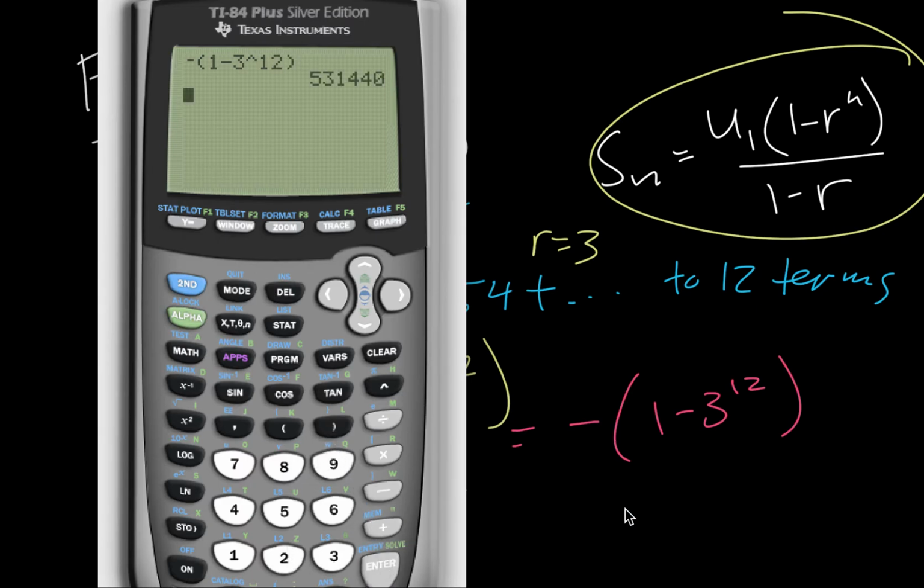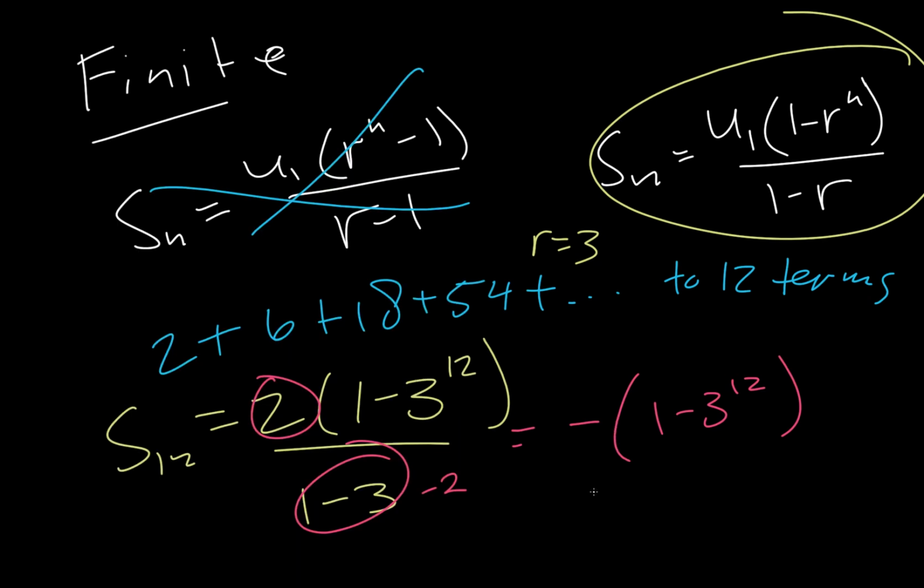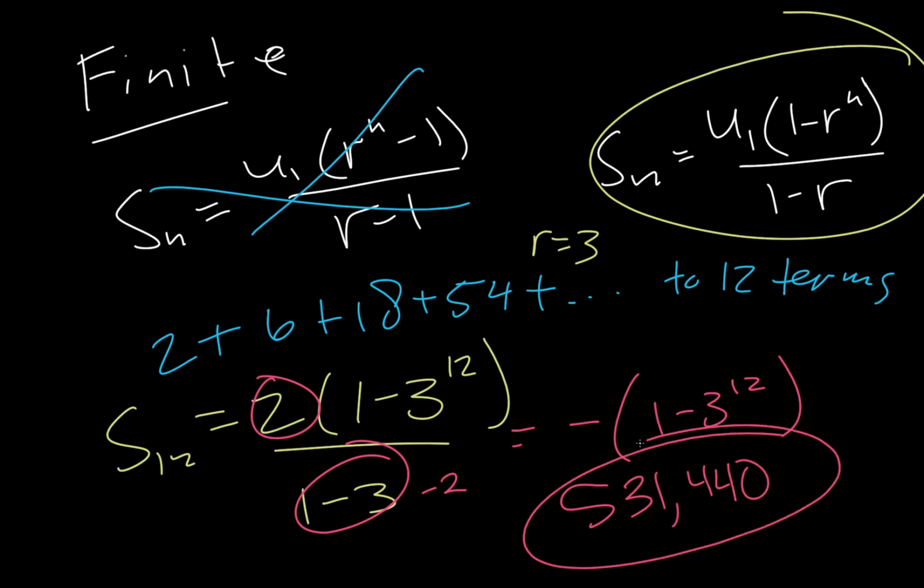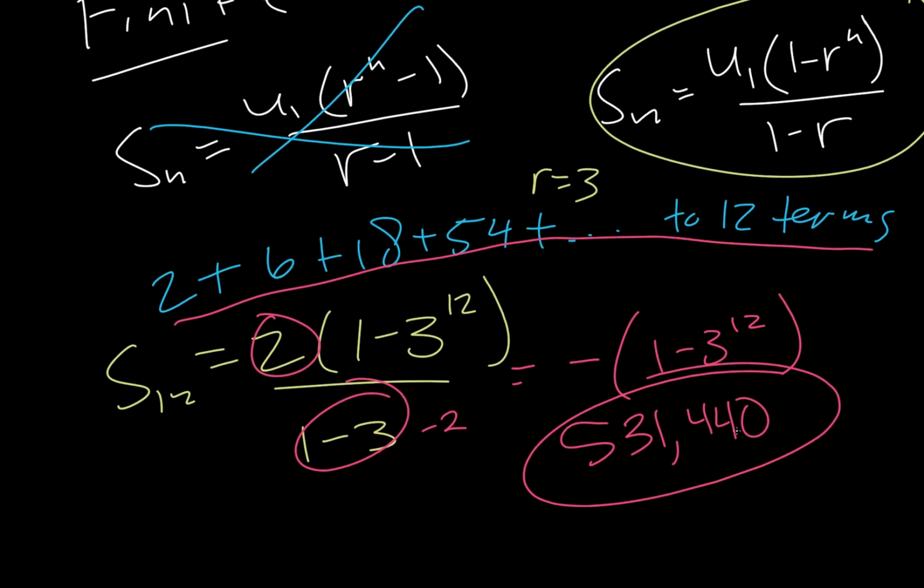And we get a pretty big number: 531,440. So if we added just the first 12 terms of that sequence, which makes it a series, we'd already get this high. So we see how fast that one is growing.